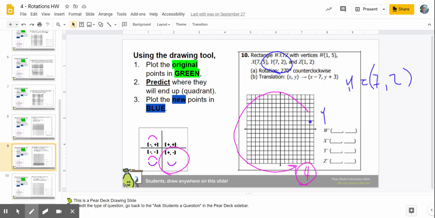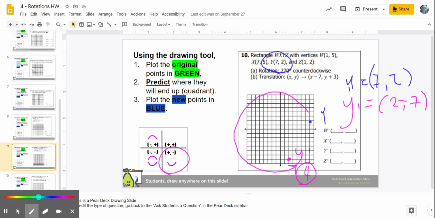So I'm going to switch those ordered pairs, and Y prime is going to be 2, 7, and it's going to be positive, negative, okay? Every quadrant, you've got to switch back, and then switch. So 7, 2 becomes 2, -7. 2, -7. So this is Y prime.